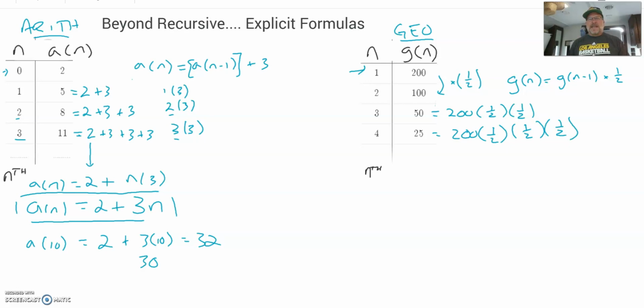So now let's build the connection here. This one started at 1. That's different from the other one. So watch how it's different. When n is 4, I didn't do 4 1/2 multipliers. I did 1 less than 4. 4 minus 1. So if I'm to build the explicit formula, let's write 200.